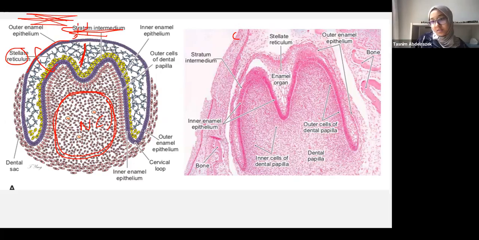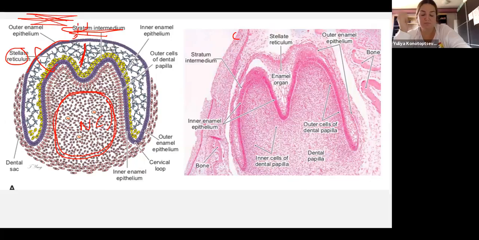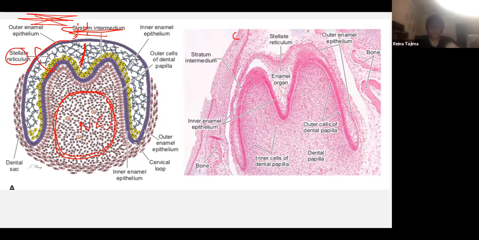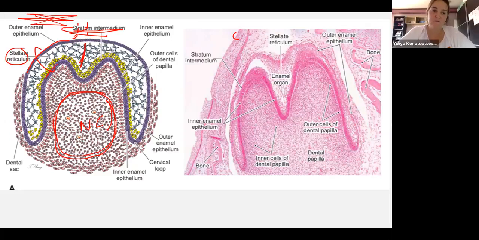Ameloblasts. Very good. It should give rise to the enamel. Who gives rise to the enamel? Ameloblasts. So one of these 4 layers should eventually become ameloblasts. Which one? The inner enamel epithelium.